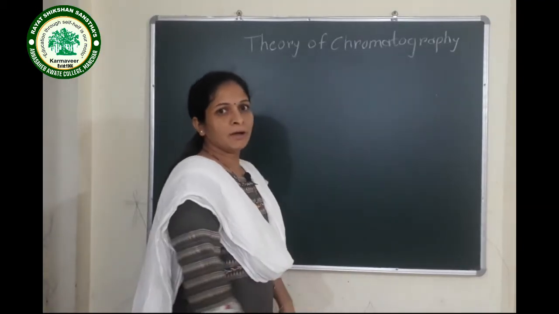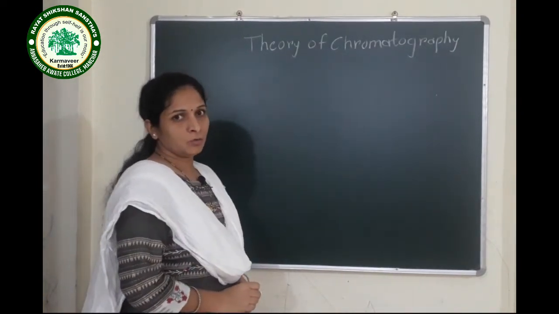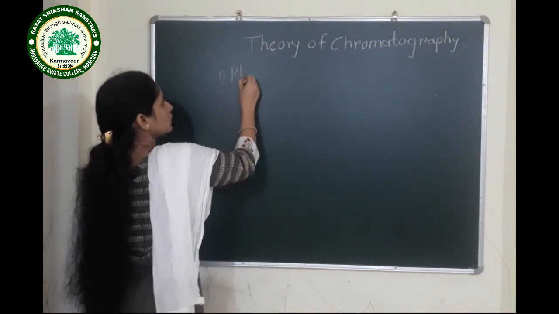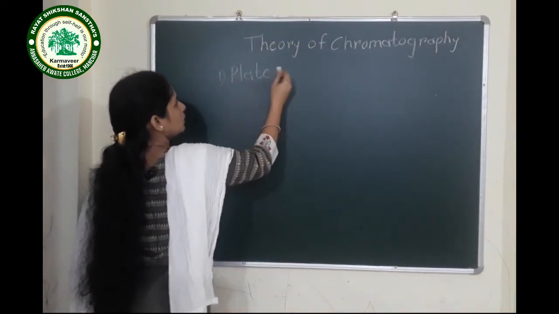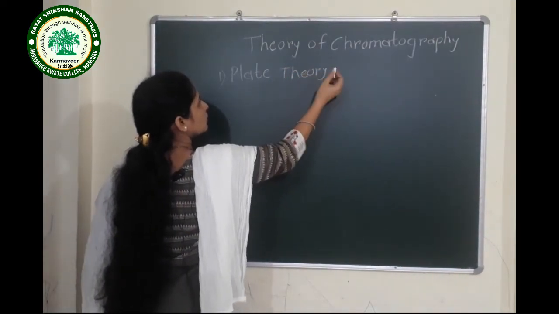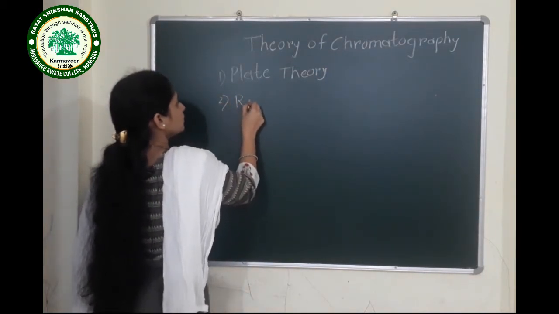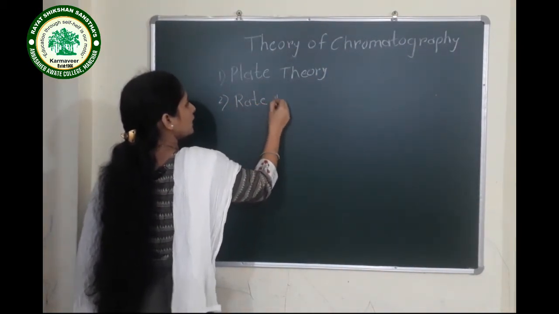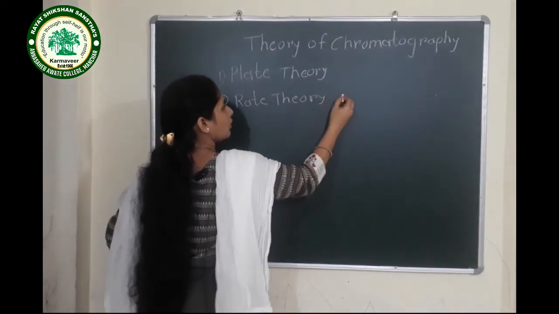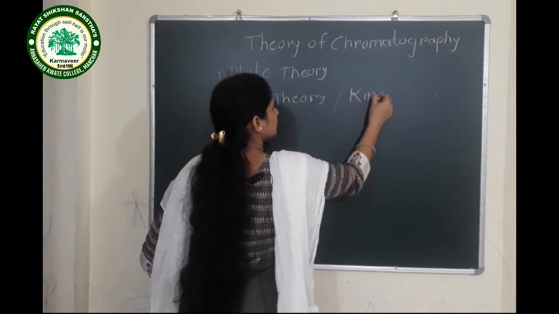We start with the plate theory of chromatography. In chromatography, two theories are used. First is the plate theory and second is the rate theory, or it is also called kinetic theory.